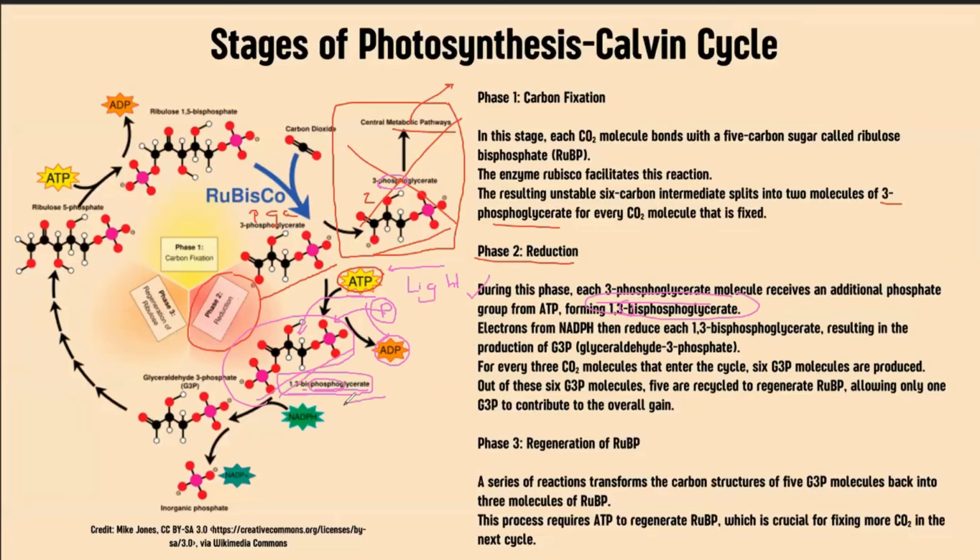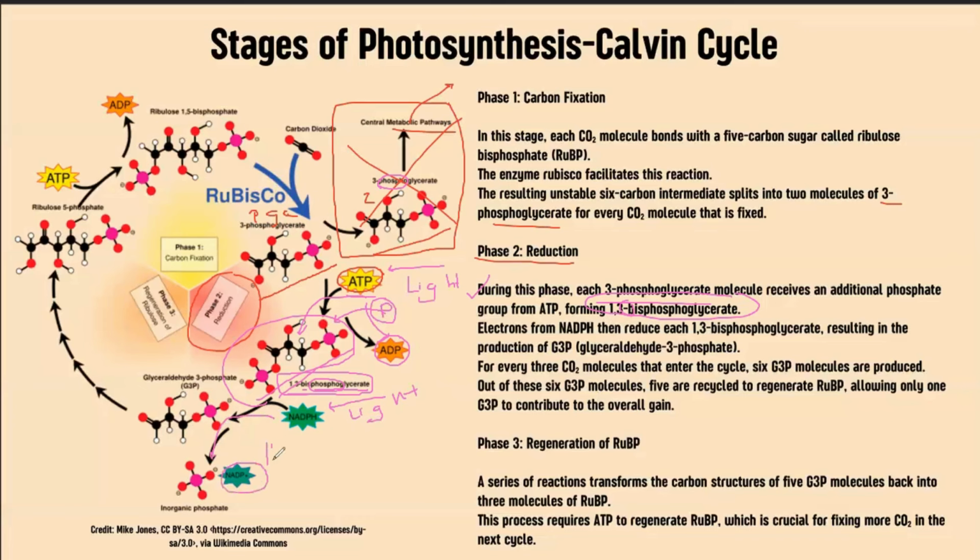Now, also coming from the light reaction is NADPH. Now, what's going to happen with the light reactions' NADPH, it's going to take that 1,3-bisphosphoglycerate and it's going to go in and churn the cycle, I should say, to reduce NADPH to NADP.